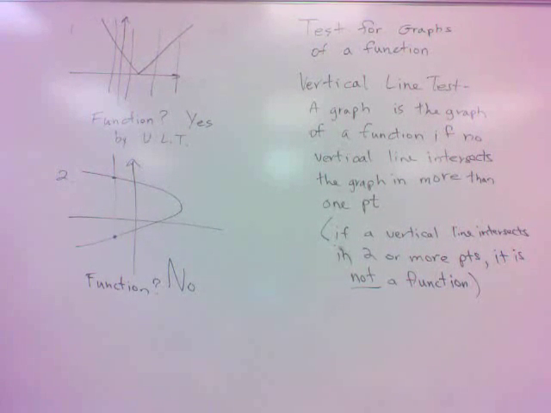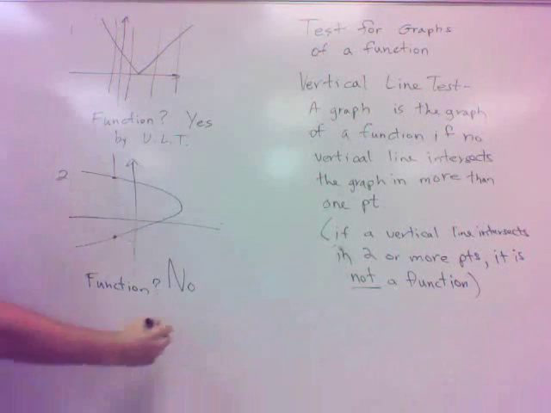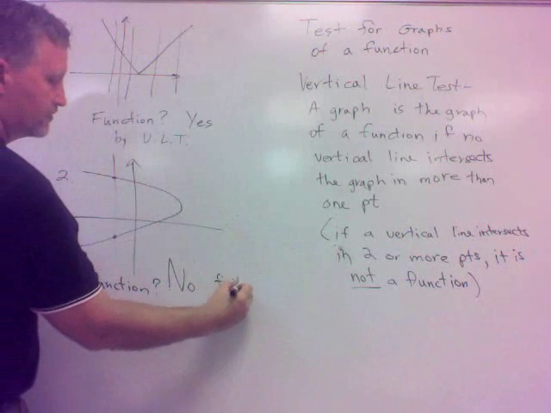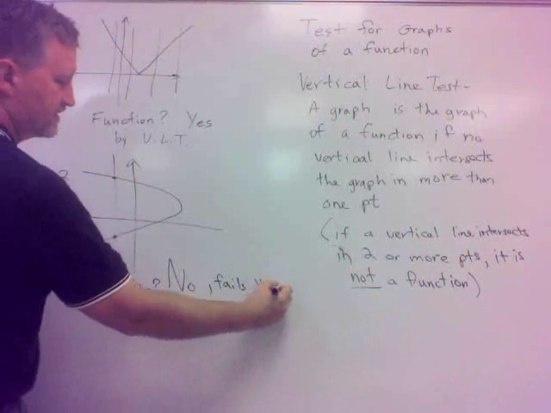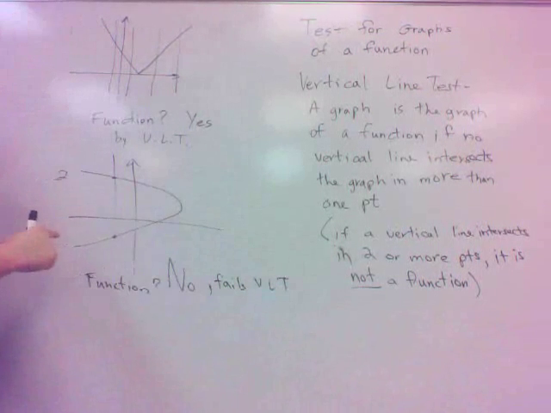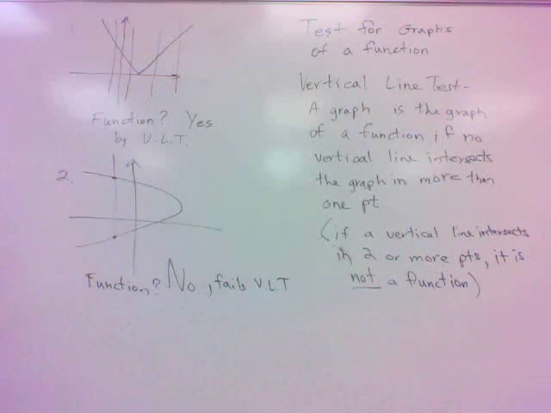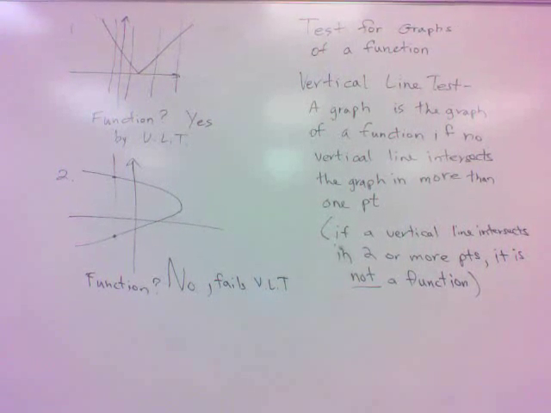So that would not be a function, because it fails the vertical line test. It hits the graph in more than one point. It could be in just one place, but if a vertical line hits the graph in more than one point, it fails the vertical line test.